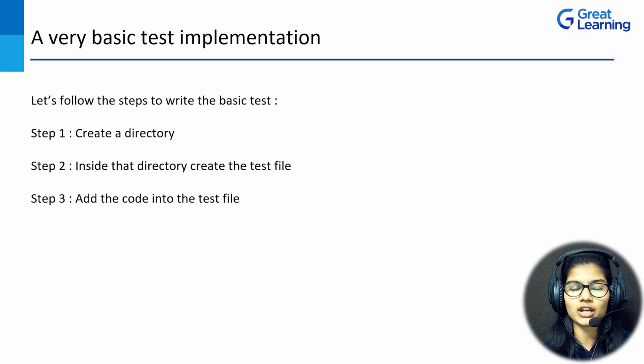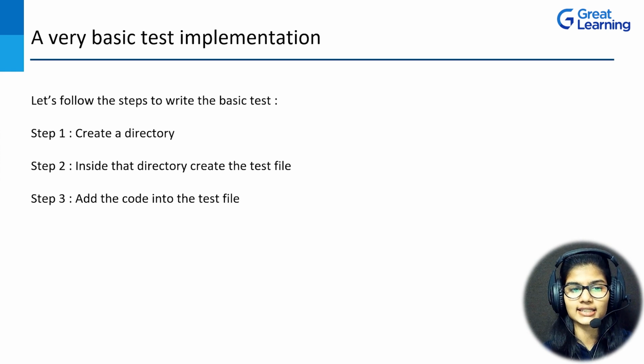It's not the case that you have to put the file name as test asterisk. Either you put test at the start or at the end, it doesn't matter. What matters is that test is written either at the start or at the end of your file name. Then only it is going to treat your file as a test file.